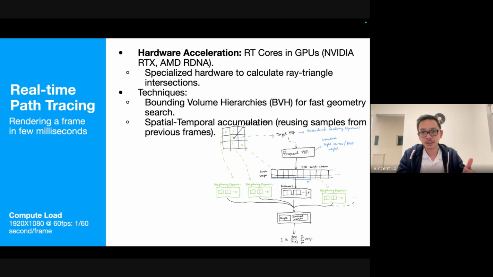Just one example is ReSTIR. It's a spatiotemporal resampling technique. They make all the sampling calculations very, very fast. But again, I just want to give you some idea here. If you want to run 1080p at 60 frames, it means that in 1/60 of a second, you have to finish everything.